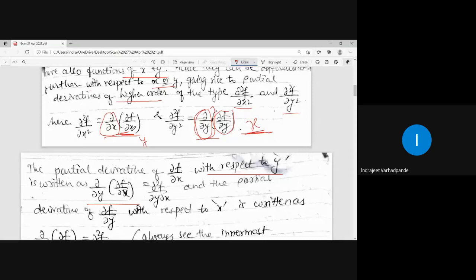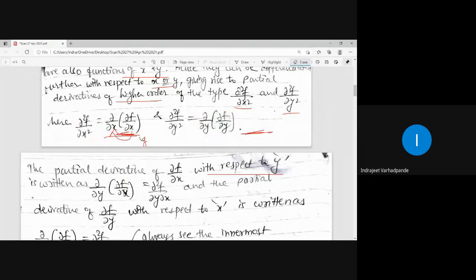See, here del f by del x is differentiated with respect to x, so it became second order. Del f by del y differentiated with respect to y, so it became second order. But sometimes it is the case that del f by del x is differentiated with respect to y, so this will be called del 2 f by del y del x, and this is called a mixed partial derivative.